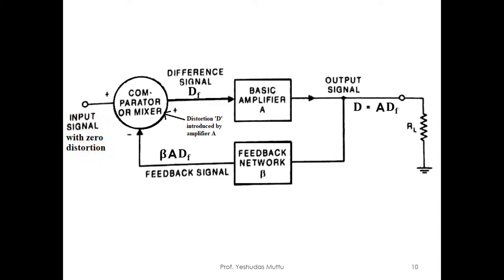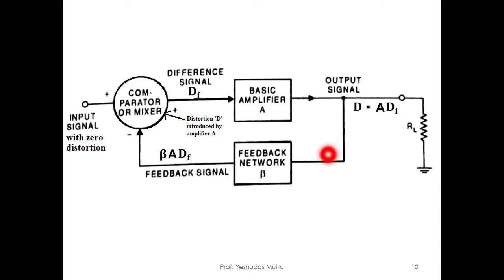Another thing to be observed over here, distortion D introduced by amplifier A, which means the amplifier has introduced some distortion. DF is the difference signal that I have considered, and output signal is D. Now, DF will be multiplied with A, and what you will get is D equal to A DF.